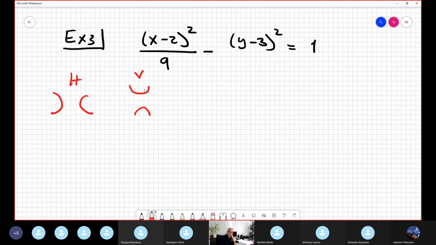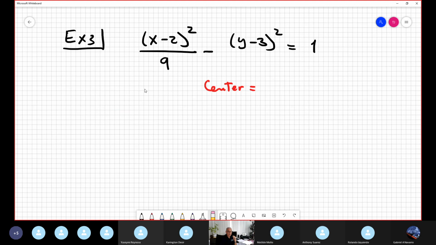Very well. Next question. Where is the center of this hyperbola located? At what point? How do you find the center? What is the clue to find the center? H and K, no?